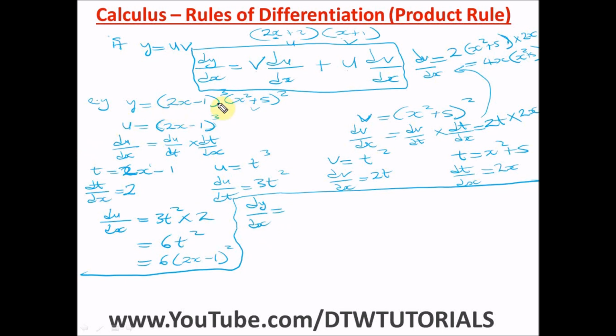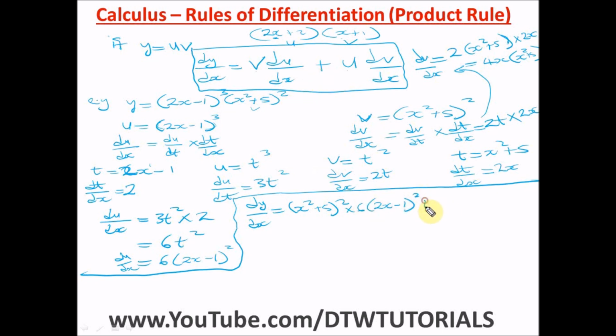Our v is x squared plus 5 all raised to power 2. Is that not it? This is our v. Then what is our du dx? We got our du dx as this, so we're multiplying this, so times 6 bracket 2x minus 1 all raised to power of 2.